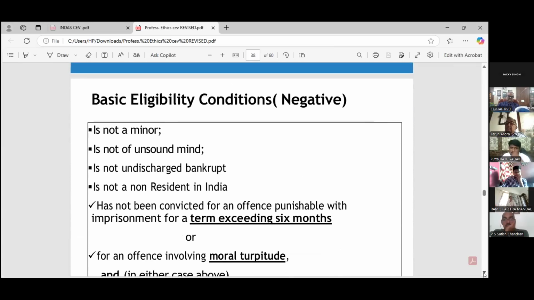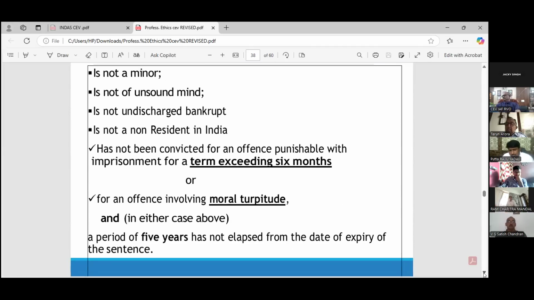Then basic eligibility in the negative: the person should not be a minor, should not be of unsound mind, should not be an undischarged bankrupt, should not be a non-resident in India, and should not have been convicted for an offense punishable with imprisonment for a term exceeding 6 months, or for an offense involving moral turpitude, unless a period of 5 years has elapsed from the expiry of the sentence.